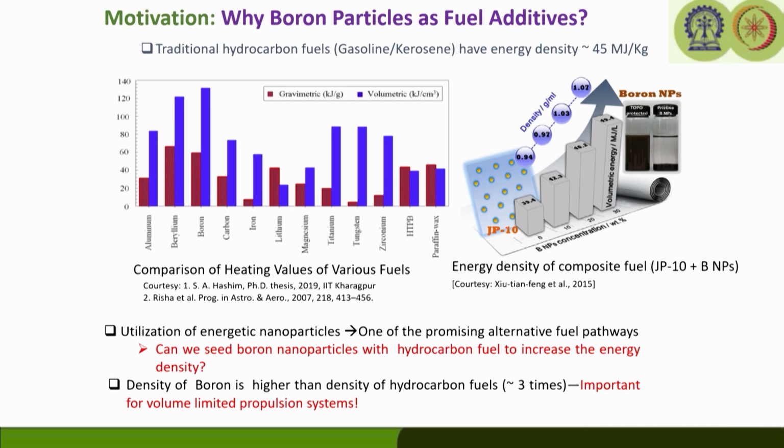So, JP10 is one of the jet fuels used for liquid engines, and if you look at the change in the volumetric heating value when we add boron particles into the liquid fuel, you see the volumetric heating value of pure JP10, with 0% boron particles, is about 39.4 megajoule per liter.